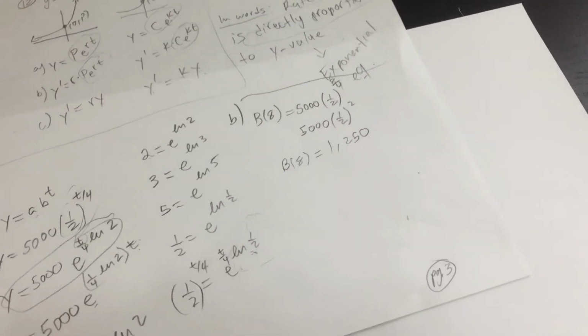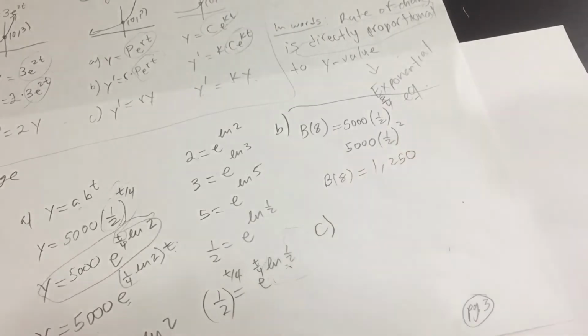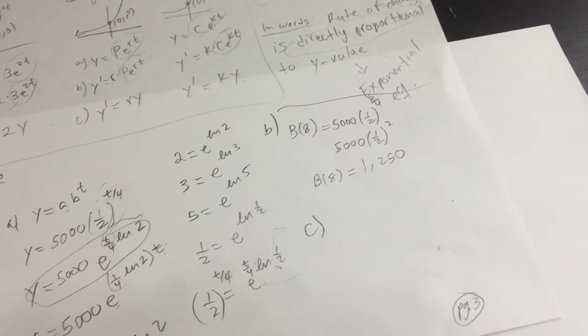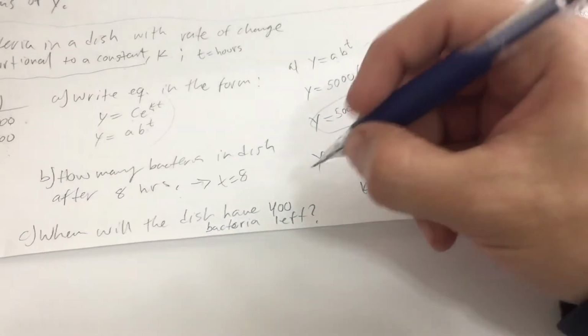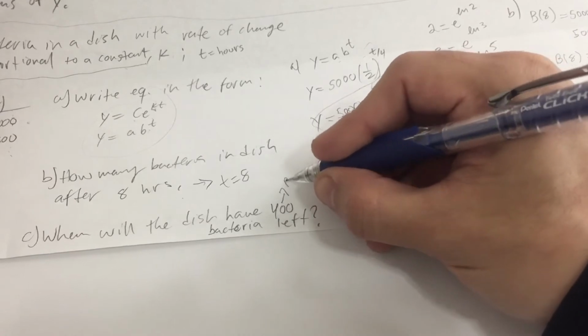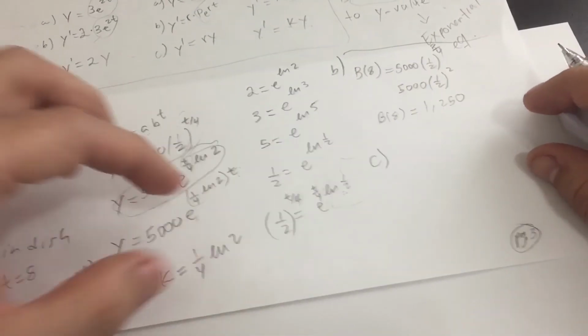All right, check your work in the calculator. And then letter C, again, it's an algebra problem in my opinion. It says, when will the dish have 400 bacteria left? Now that means that B of T is 400, and we're going to solve that equation.